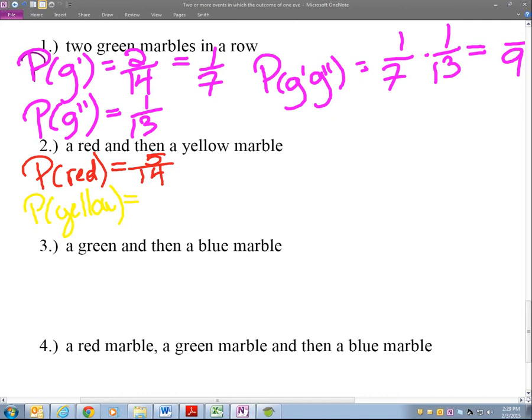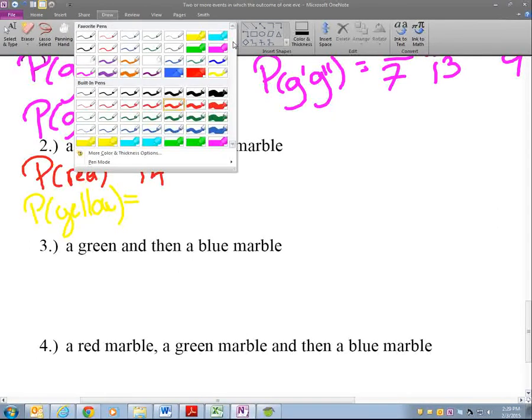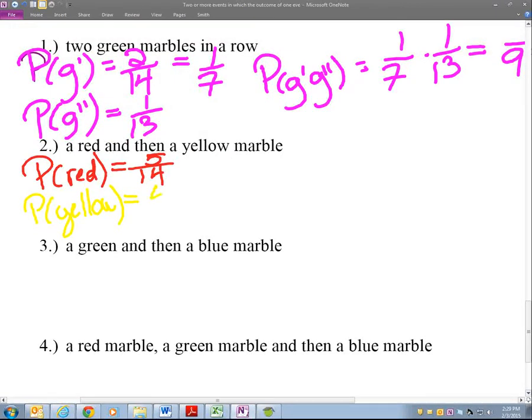Now, what is the probability of pulling a yellow second?